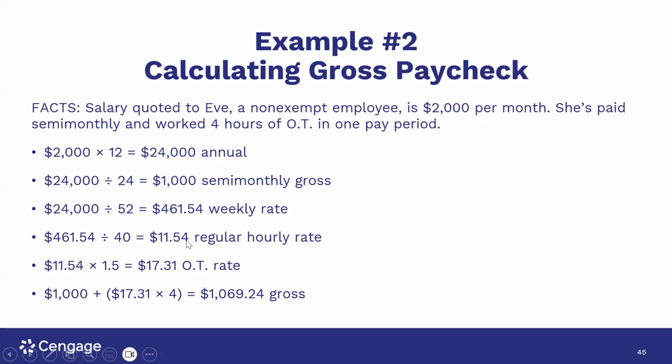Then dividing that out to get the hourly rate of 11.54. Then 17.31 is the overtime rate. Taking 17.31, which is time and a half times 11.54, times 4, we get 69.24. So $1,000 plus 69.24, that's the gross pay.